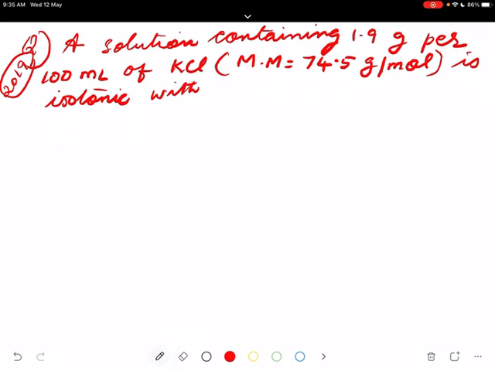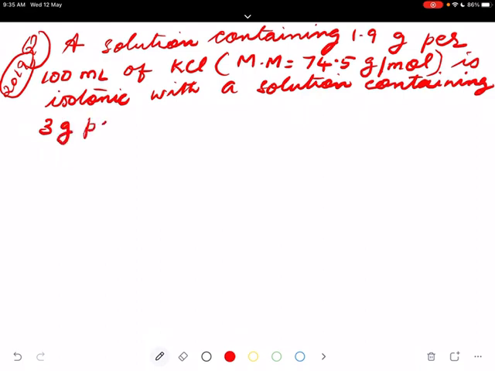Isotonic with a solution containing 3 gram per 100 ml of urea. Urea molar mass is 60, that also we know.